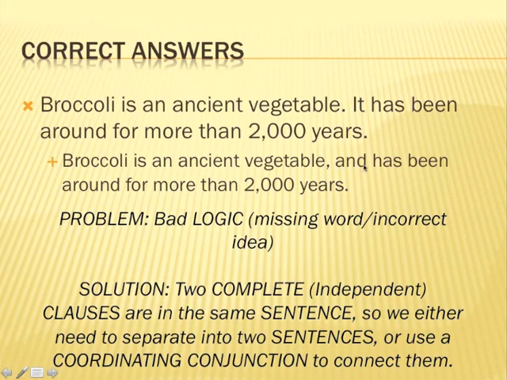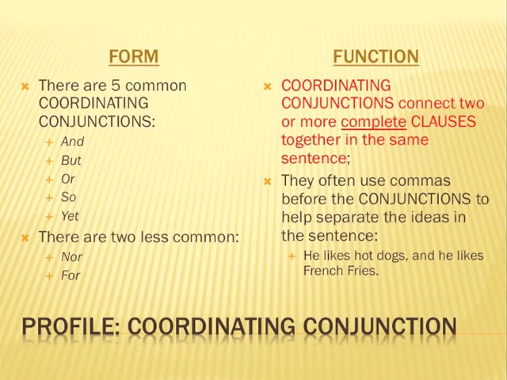In some grammar textbooks, this is referred to as a run-on sentence, where you have basically two sentences run together, but they don't appear to be separated correctly. So again, the idea here is that if we're going to use two complete sentences, either we need to separate them with periods, or we need to use some sort of coordinating conjunction to connect these two sentences.